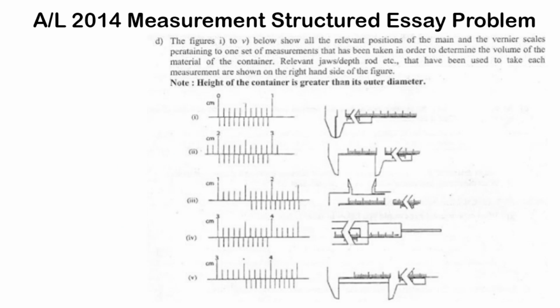Part D, figures 1 to 5 below show the relevant positions of the main and vernier scale for one set of measurements that has been taken in order to determine the volume of the material of the container. Relevant jaws, depth rod that have been used to take each measurement are shown on the right hand side of the figure.